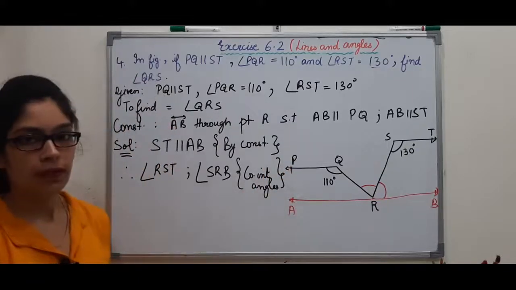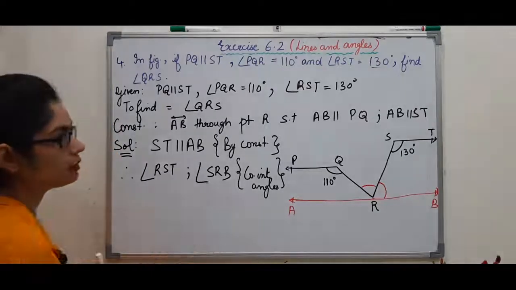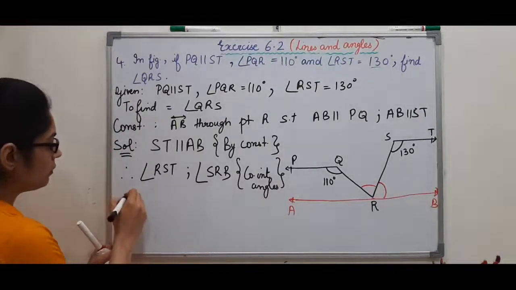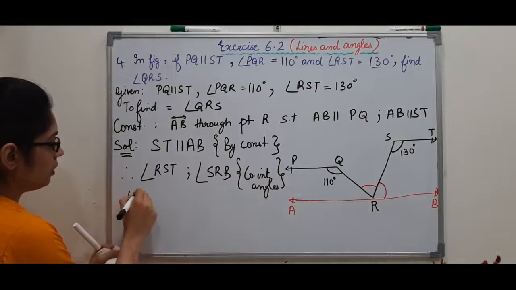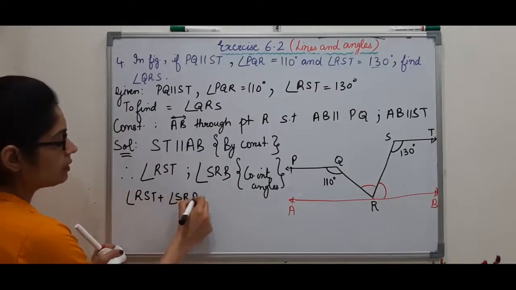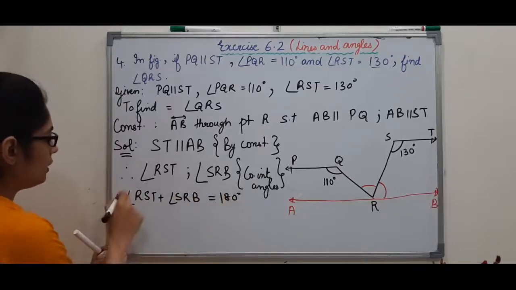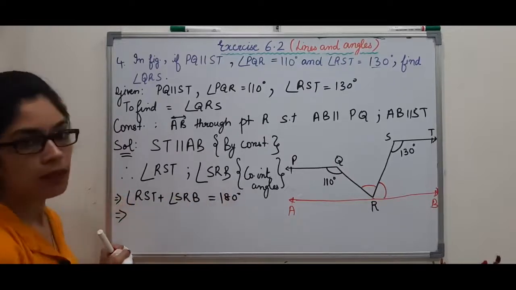And we know co-interior angles are supplementary to each other, which means their sum is equal to 180 degrees. So we can mention RST plus angle SRB is equal to 180 degrees, because co-interior angles are supplementary angles.